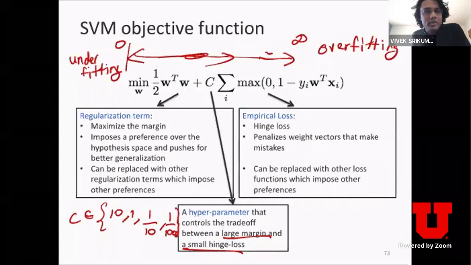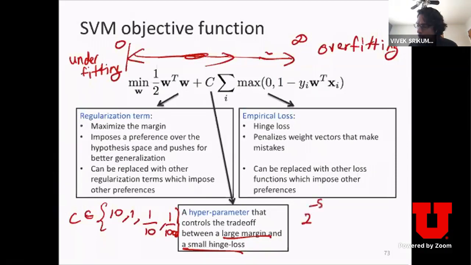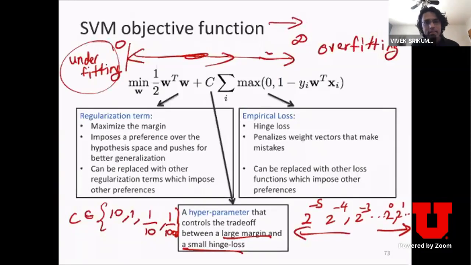Just the order of magnitude tends to be enough, or you can do something like 2 to the power minus 5, 2 to the power minus 4, and so on. On these, as the power gets larger, you are getting closer to the overfitting side. As this gets smaller, you're getting closer to the underfitting side. Somewhere in the middle is the sweet spot. And you just do cross-validation over all these values to find a C that is good enough.